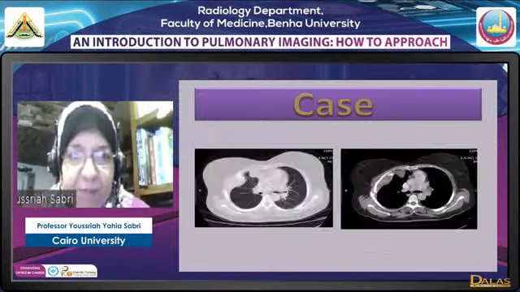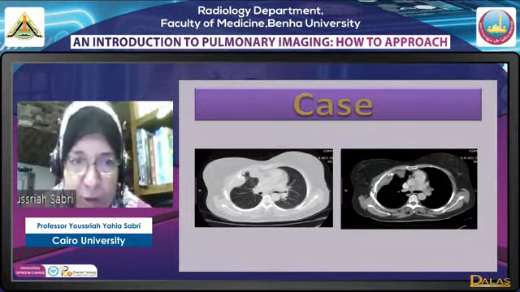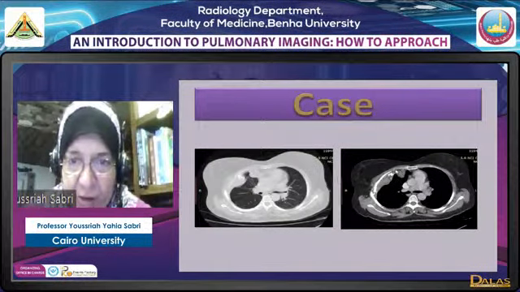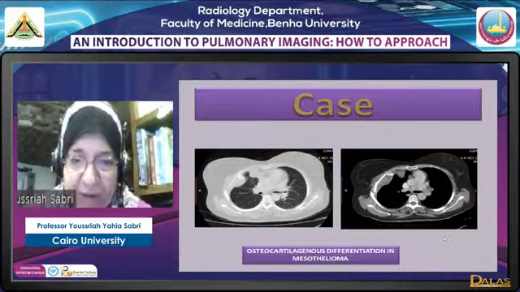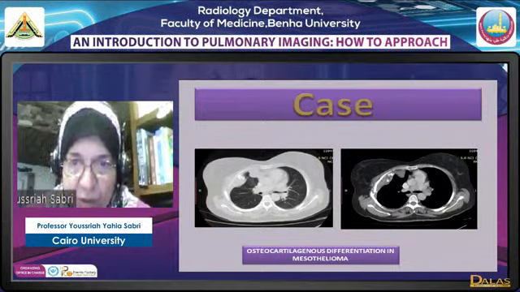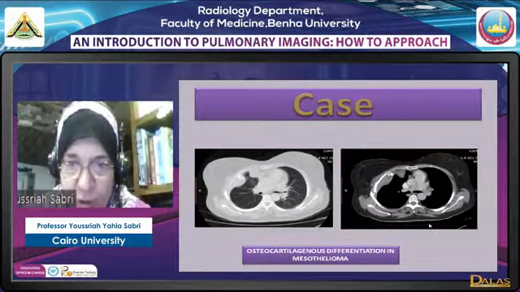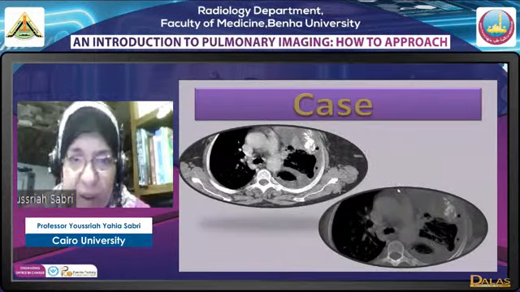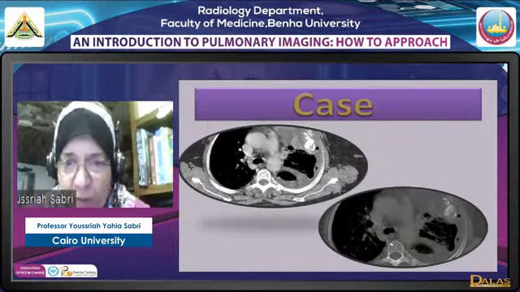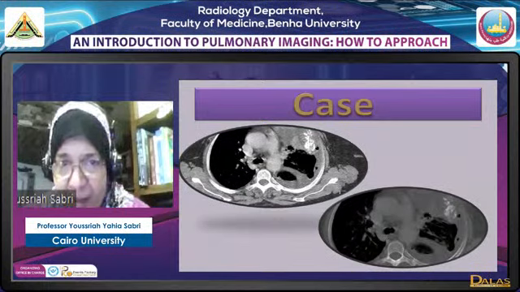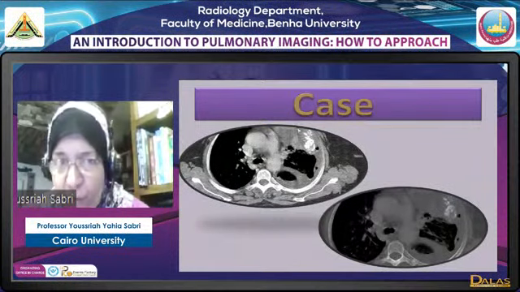Now, mesothelioma may be associated with such strange patterns of calcification, globular calcification, and this is osteocartilaginous differentiation in mesothelioma. This is a focal area of mesothelioma actually, and this is globular calcification. This is another case of mesothelioma with fissural affection, and again the calcification has nothing to do with asbestos.